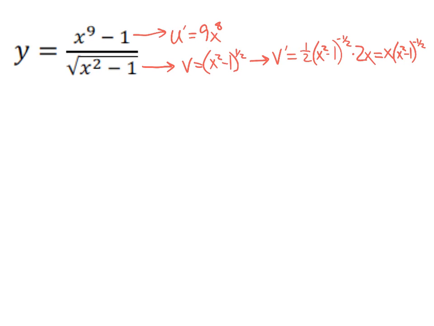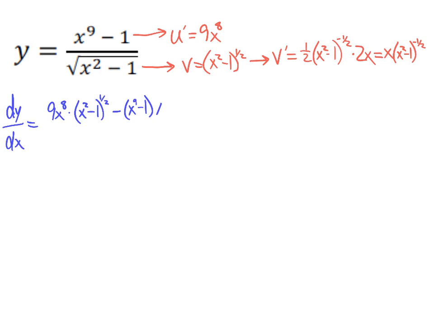So here comes our formula. dy dx is u prime, 9x to the 8th, times v. I'm going to write it with the 1/2 power, just for consistency. Minus u, x to the 9th minus 1, times v prime.